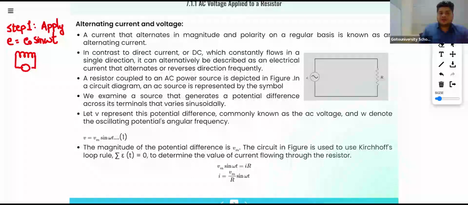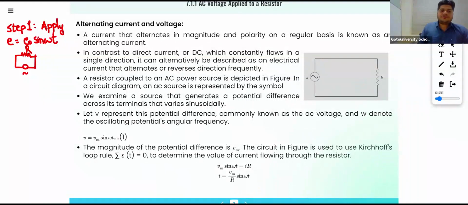Sorry, this is not an inductor, this is our resistor. Once more, we have a resistor like this. And we have an alternating current source. That's your diagram. This will be your alternating current source with this symbol like this.